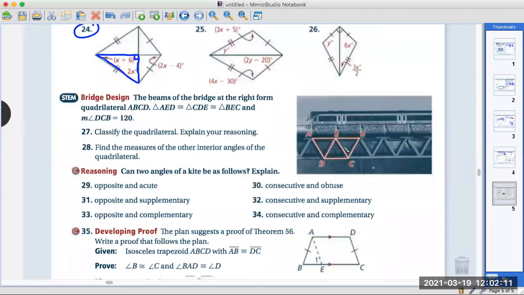And then this is a real life problem where you can find some kind of shape that looks like a trapezoid, right? So the beams of the bridge at the right form a quadrilateral. That's this right here, four-sided figure.